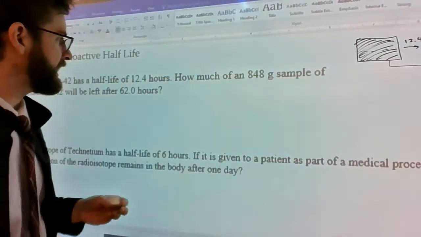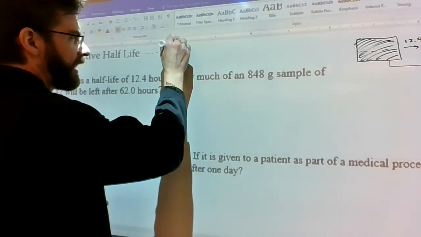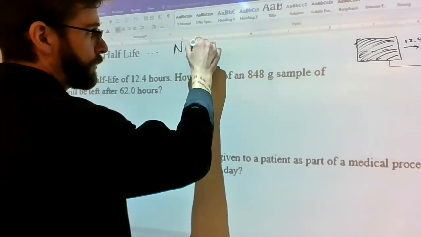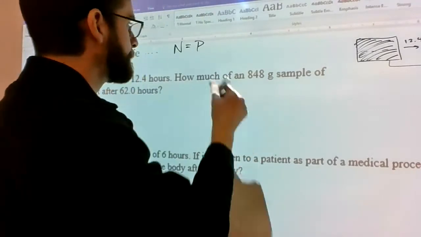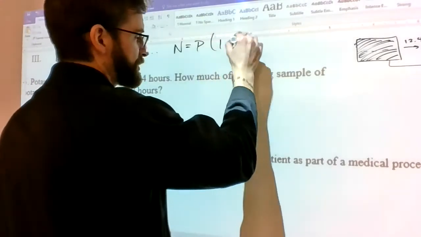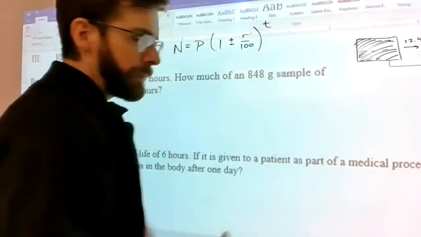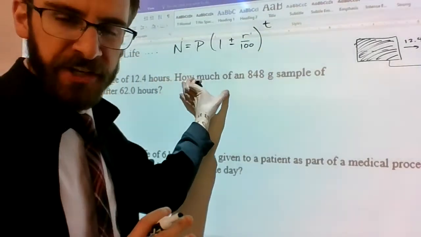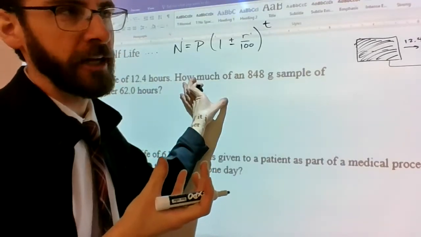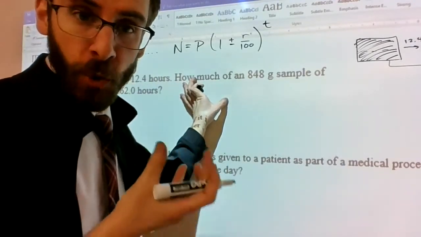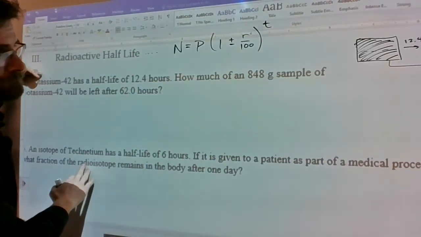So what I'm going to do then is start with our new substance equals the principal substance, or the initial substance, what you had at the beginning, multiplied by 1 plus or minus r over 100 to the t power. And I'm going to try to take this equation and alter it in such a way that it can compute the half-lives for us instantly.